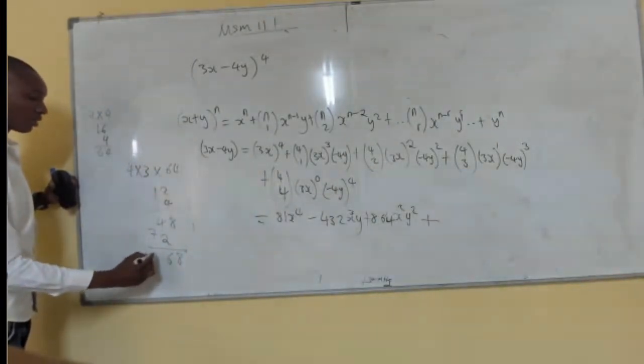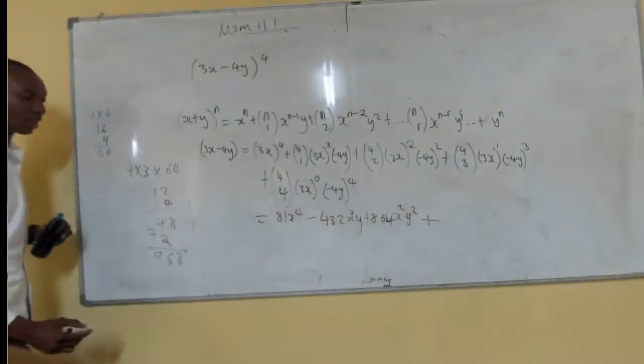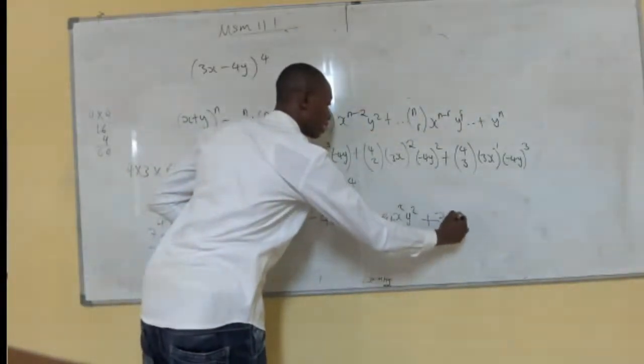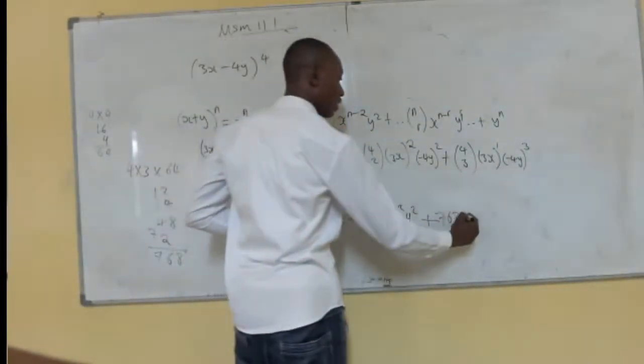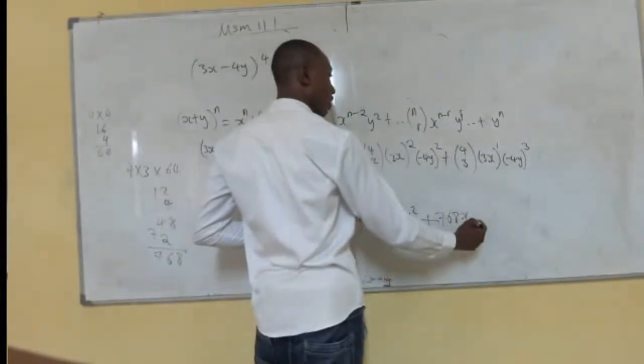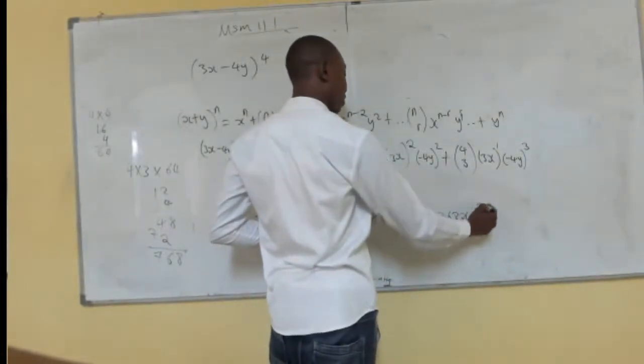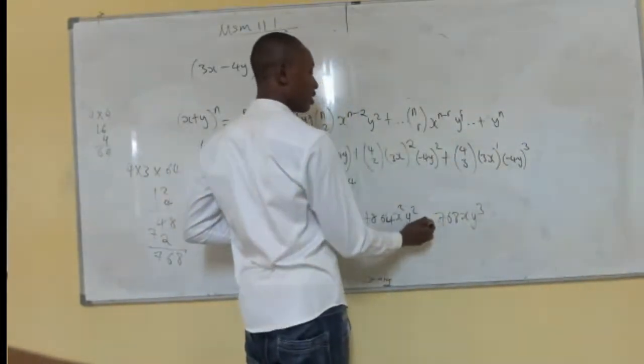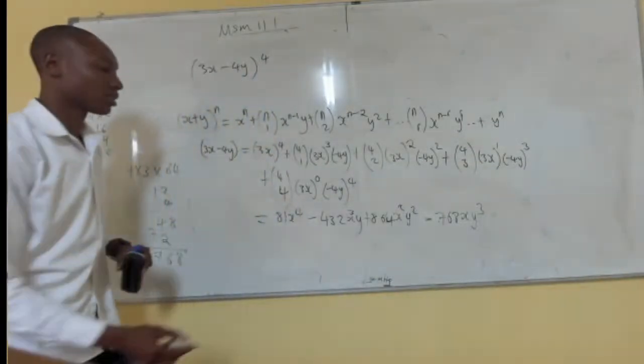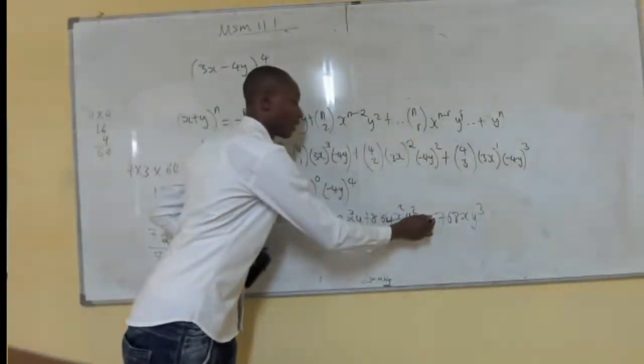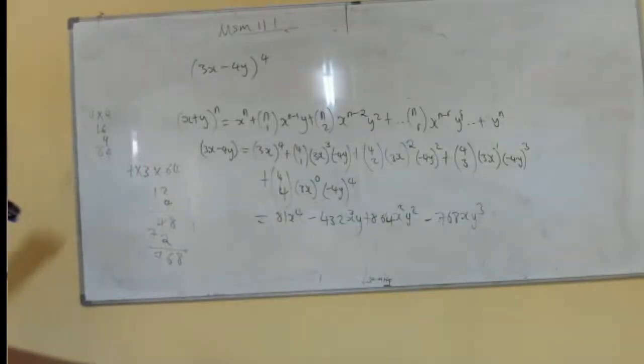So we have 768 x, then y to the power 3, but because of the sign, this is actually minus. So minus. Then the last one, we have this part here.